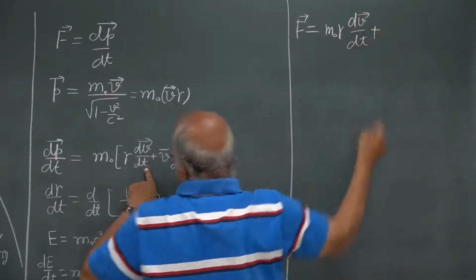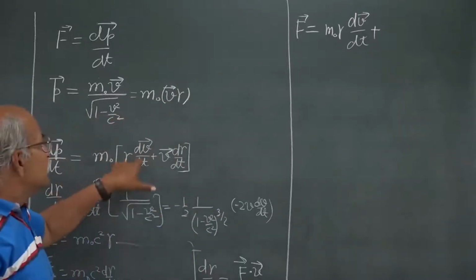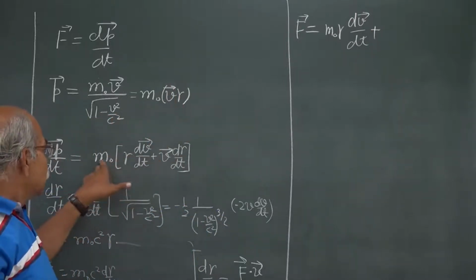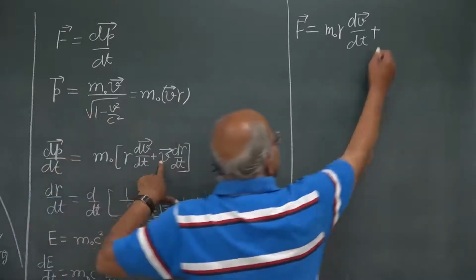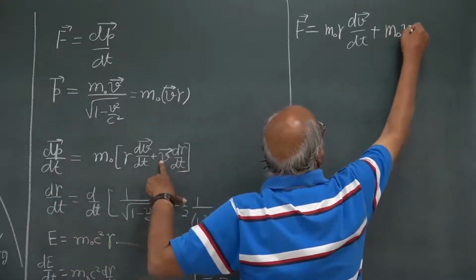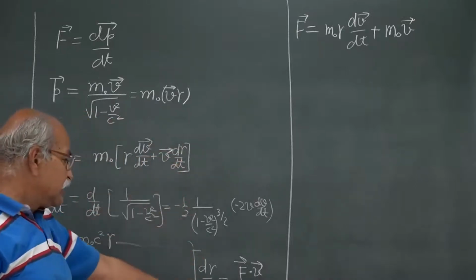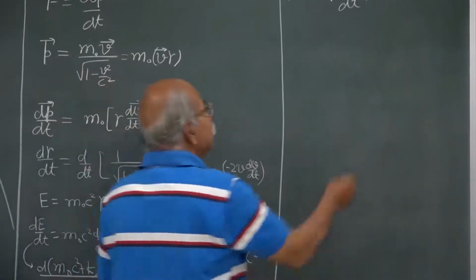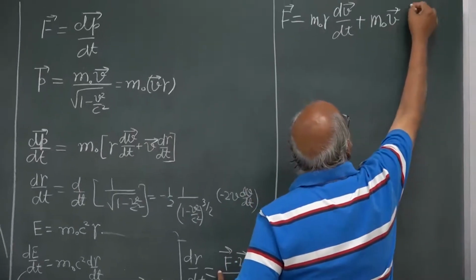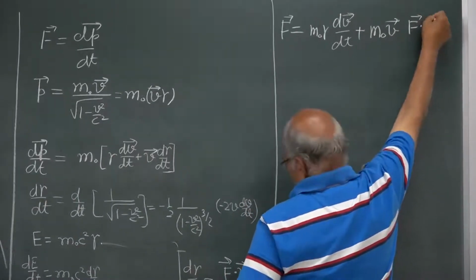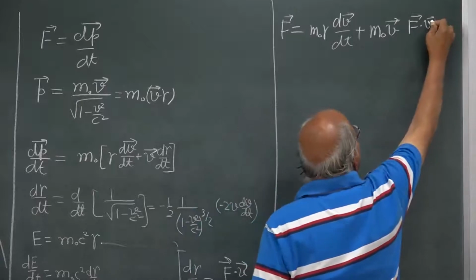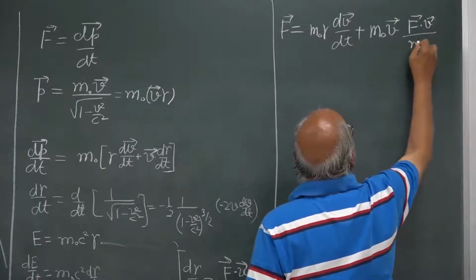So, I have written this term m naught gamma dv/dt, plus m naught v here, and then you have d gamma/dt, and d gamma/dt we have written here as F dot v divided by m naught c square.